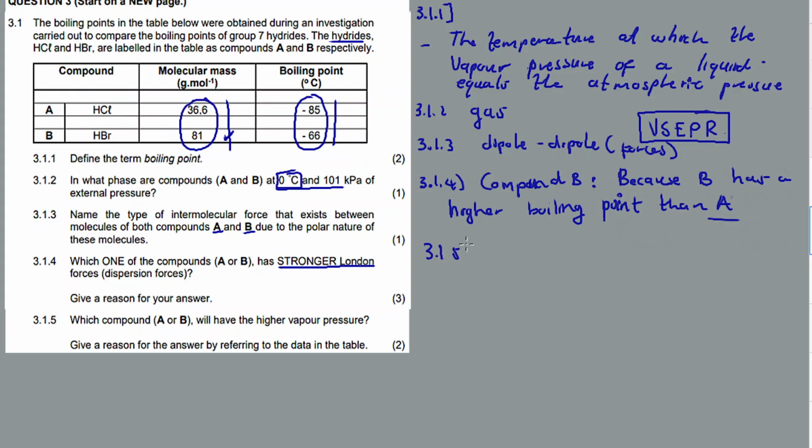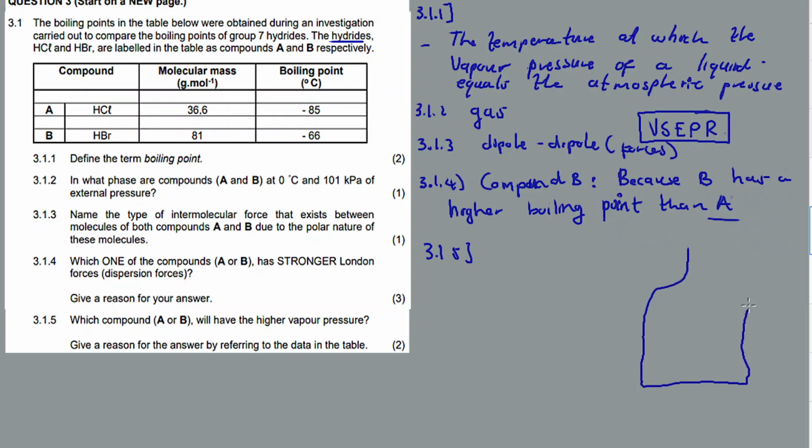How do I explain this one again? Alright, the answer is about A. You see, the one that boils quickly will have a higher vapor pressure.